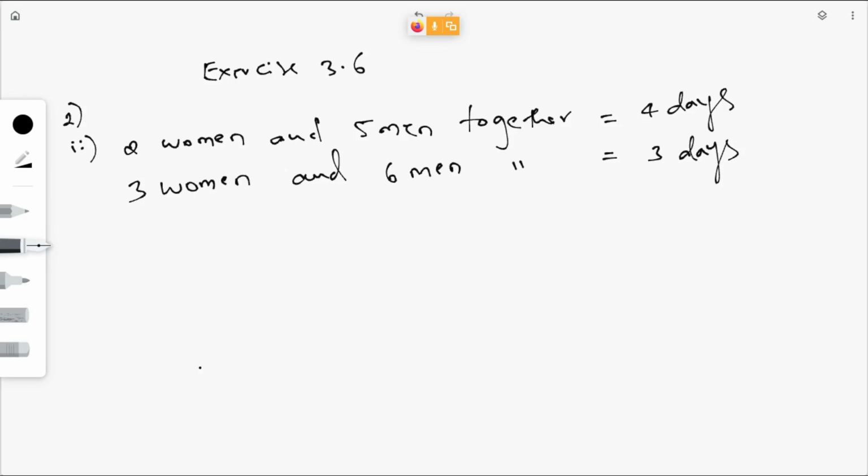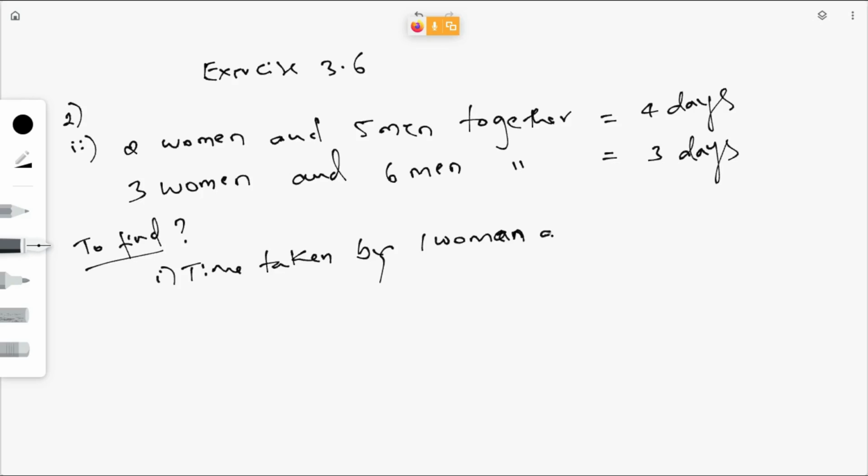But what we need to find? We need to find the time taken by one woman alone. If one woman works on this embroidery work, how many days will she take?